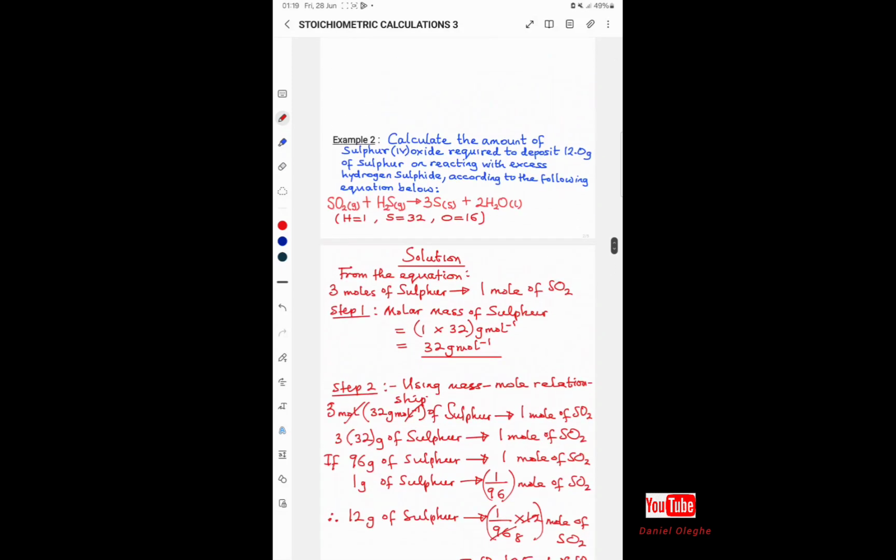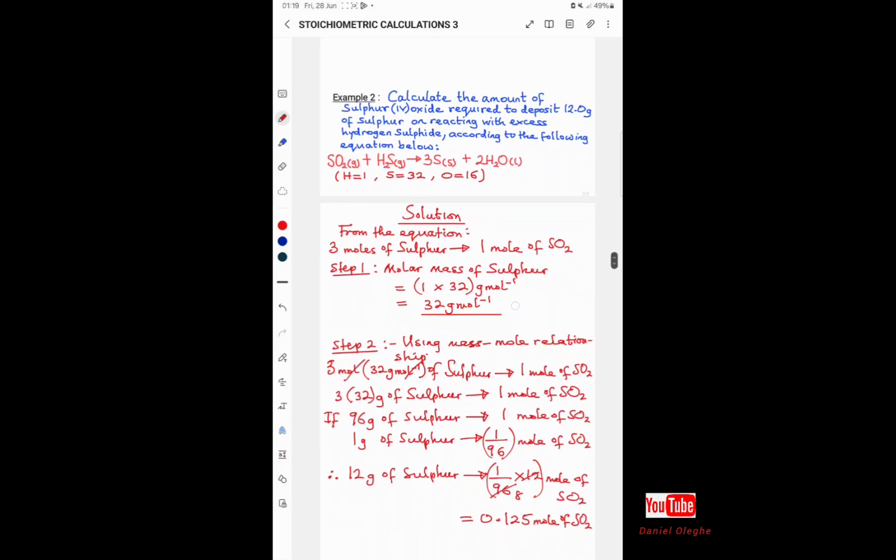Don't forget, we were using mass to mole relationship. We are calculating the amount of sulfur oxide that will be required to produce 12 grams of sulfur, which is the mass. So I started from the equation by relating both sulfur and the SO2 mole to mole to each other, and that is 3 moles of sulfur produced by 1 mole of SO2 from the equation.